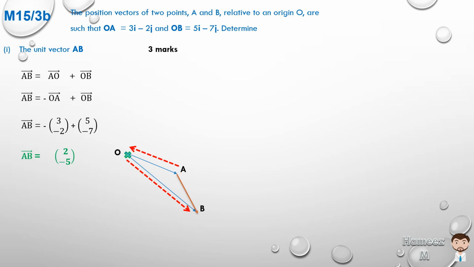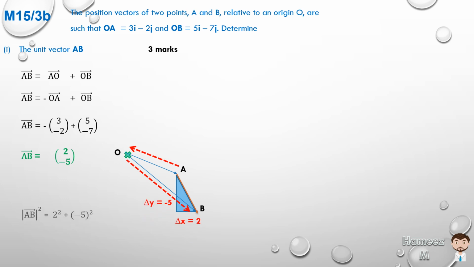And from our sketch, we can see if we're moving from A to B, we're moving to the right, so that's 2, and moving 5 units down, minus 5. And if you want to get a unit vector, we need to find the length of AB. So let's bring up a right angle triangle there in blue. It's just like using Pythagoras' theorem. So AB squared is equal to the change in x, which is 2 squared, plus the change in y, minus 5 squared.